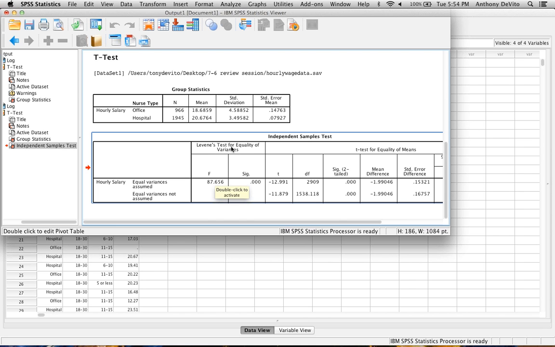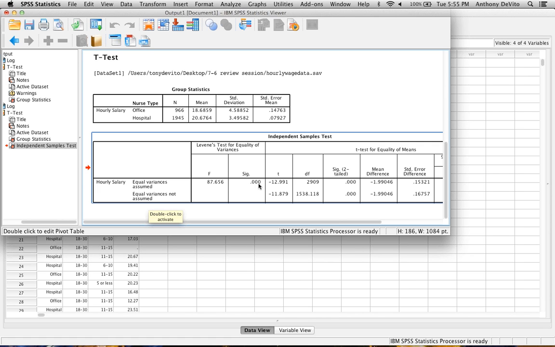And what is the null hypothesis always going to be? The null hypothesis is that things are equal almost always, right? So in other words, this is less than 0.05, this suggests reject the idea that equal variances are assumed and use the alternative that equal variances should not be assumed. So in this case, we're going to use the bottom line, not the top line.